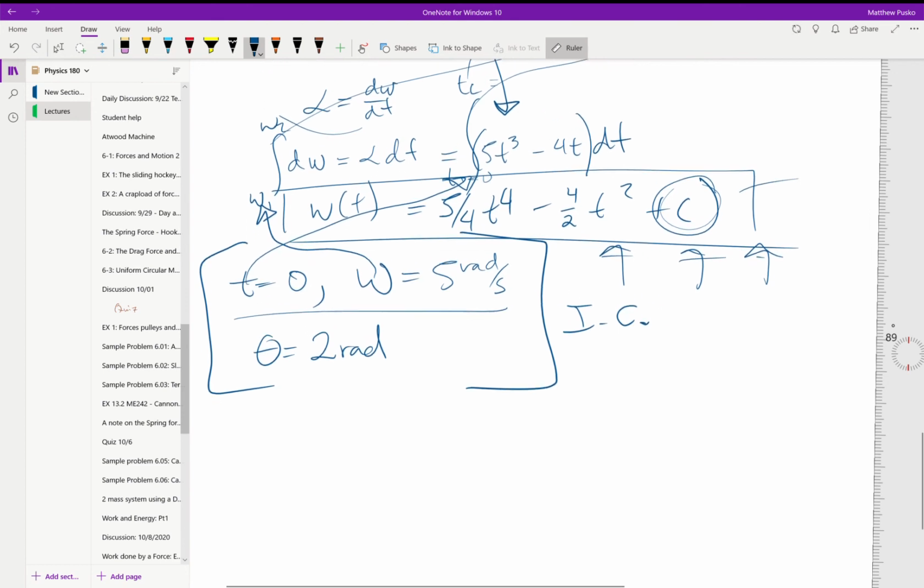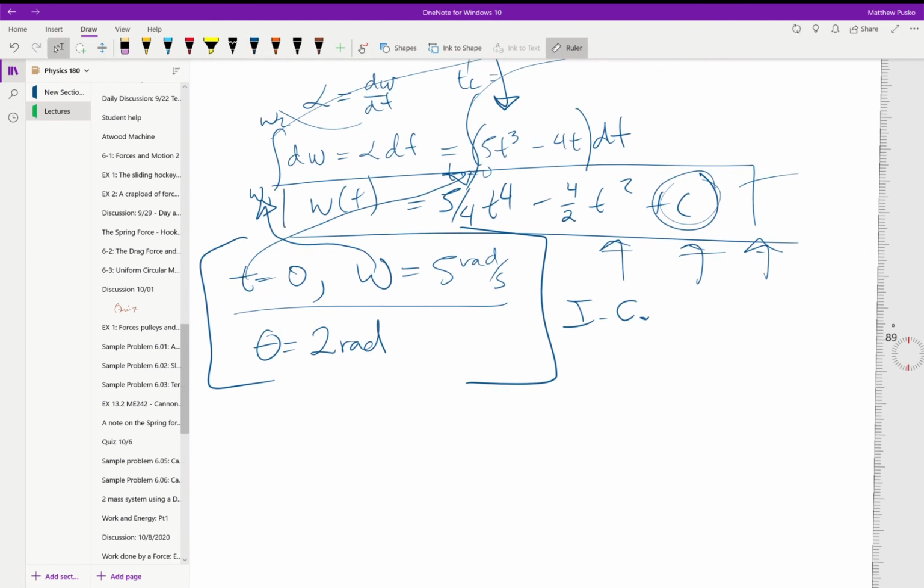What we can do is say we have 5 radians per second, and substitute these into this equation here.